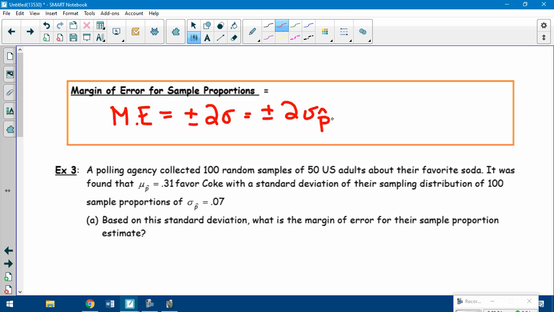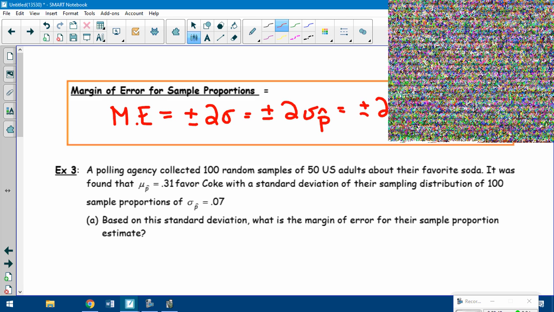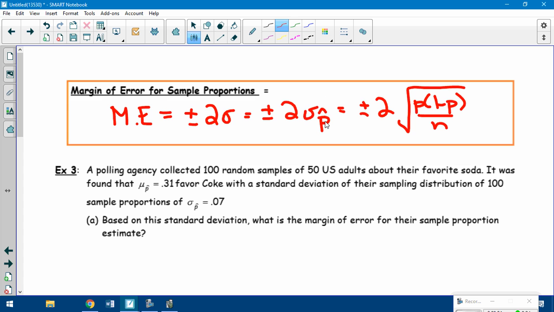So it's still of the sampling distribution. And if I substitute that formula that I showed you yesterday, that means plus or minus 2 times radical p times 1 minus p over n. Because this formula here, what I showed you yesterday, was a way to calculate the standard deviation of all the p-hats, of all the dots.